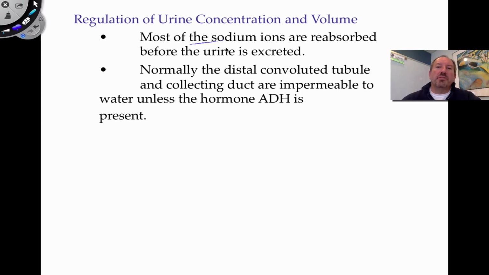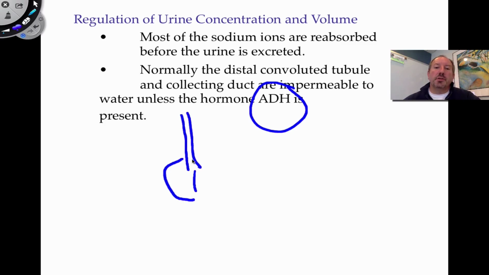So most of the sodium ions are reabsorbed before urine is excreted, as we mentioned. Now normally, the distal convoluted tubule and the collecting ducts are impermeable to water unless a hormone called antidiuretic hormone is present. Antidiuretic hormone, if you recall, is produced by the pituitary gland, which is this gland at the base of the brain, right below the hypothalamus.